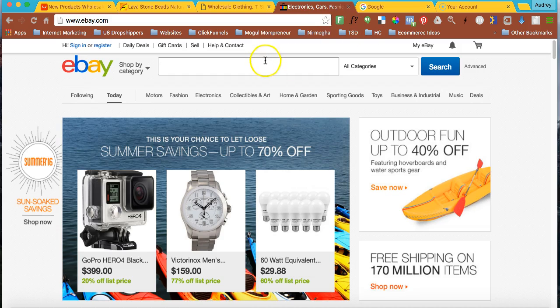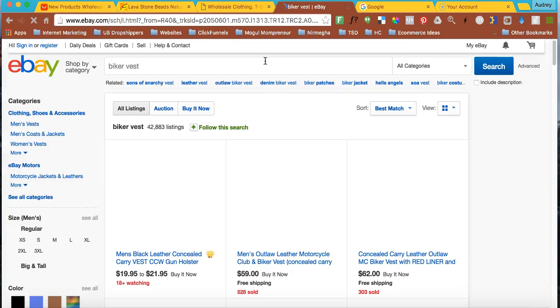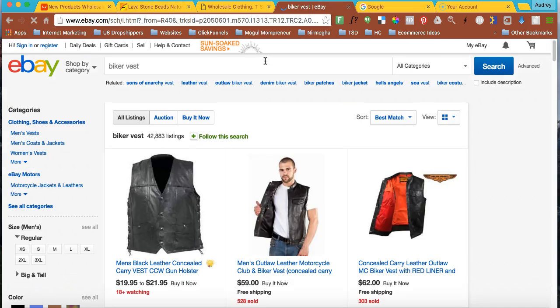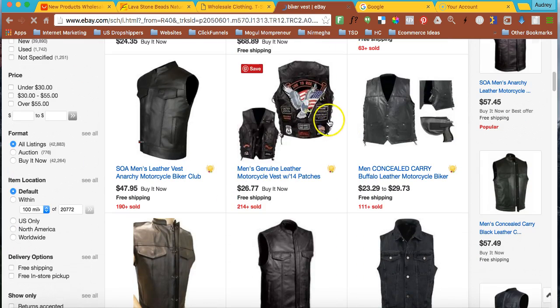So, for instance, one of the things that I sold was a biker vest, right? Let's see if I can find one similar. This one here, I sold, I don't know, hundreds of these vests. And you see how inexpensive they are, 25, 26 bucks. And I was selling it for around 65, $70.